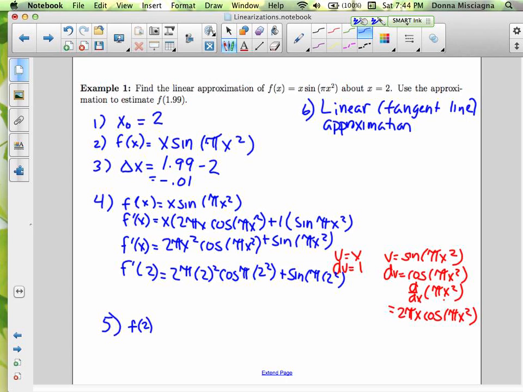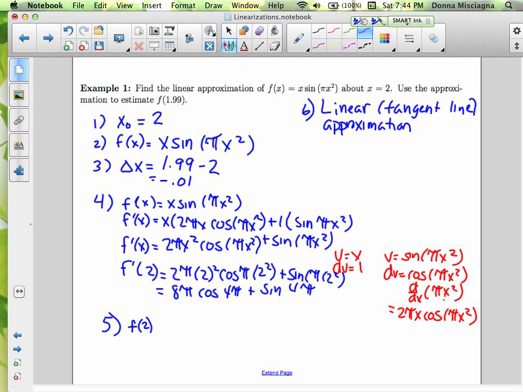So we've got 4 times 2, that's going to be 8 pi, and then cosine 4 pi plus sine 4 pi.